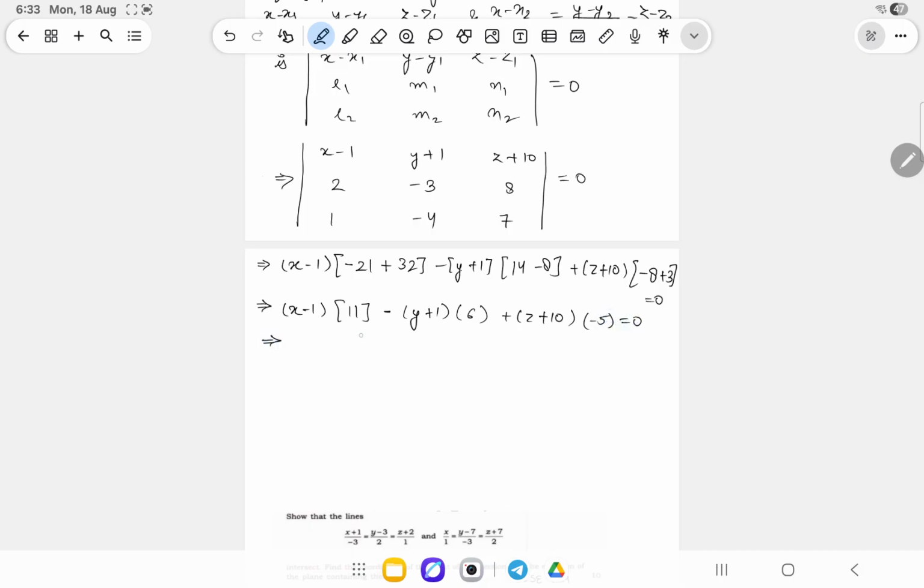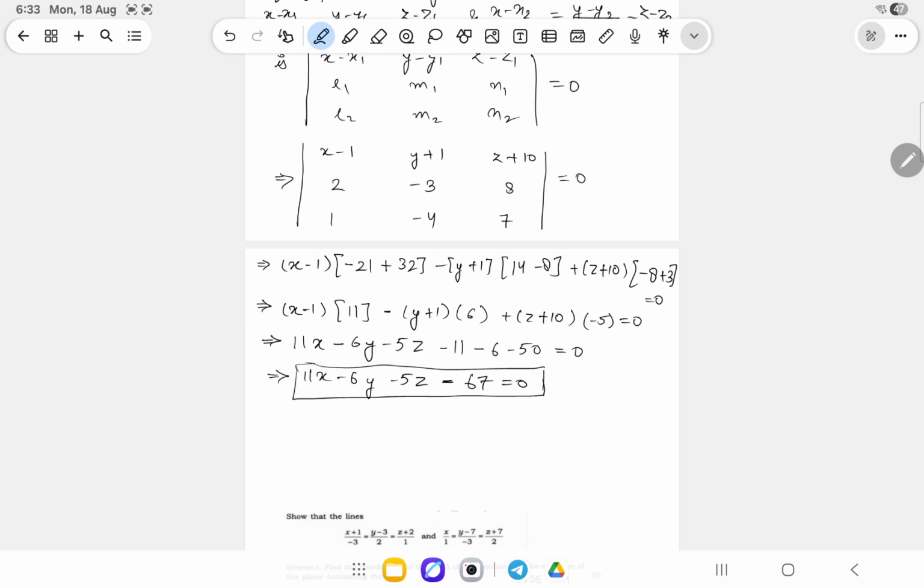On further simplifying, I'll get 11x minus 6y minus 5z minus 11 minus 6 minus 50 equals 0, which is 11x minus 6y minus 5z minus 67 equals 0. So this is my required equation of plane, which contains both line L1 and L2.